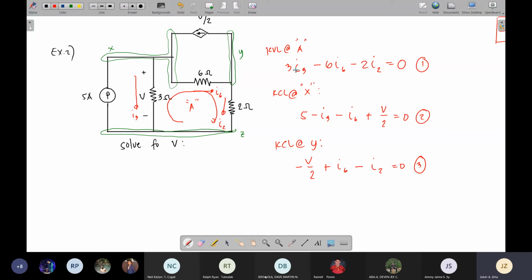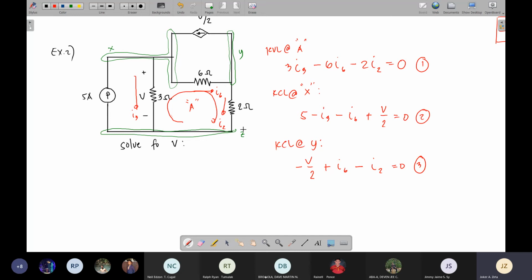You have your first unknown I3, second unknown I6, third unknown I2, and the fourth unknown is V. So we need 4 equations, not just 3. So we need a fourth equation. It's easy, sir, just apply KCL at Z.